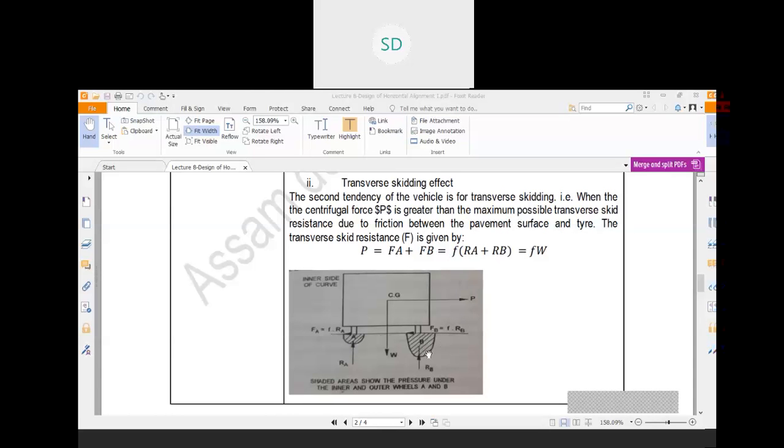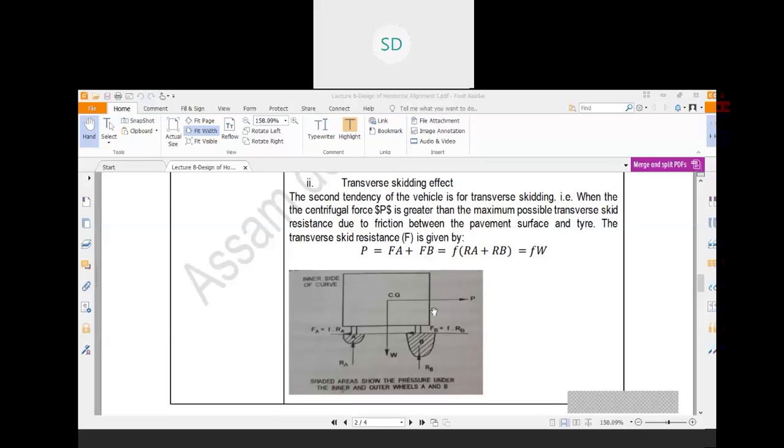Rb is the reaction force at B. Now, this transverse skid resistance is given by P equal to Fa plus Fb. Basically, this force is resisted by the frictional forces at A and B.